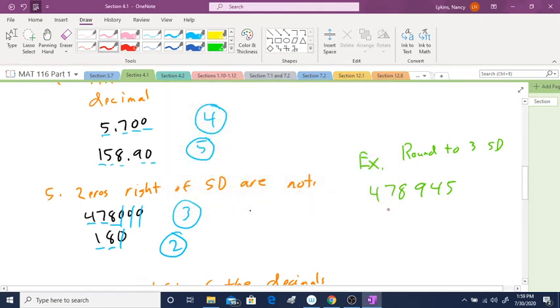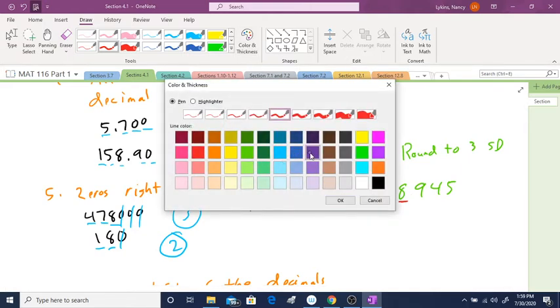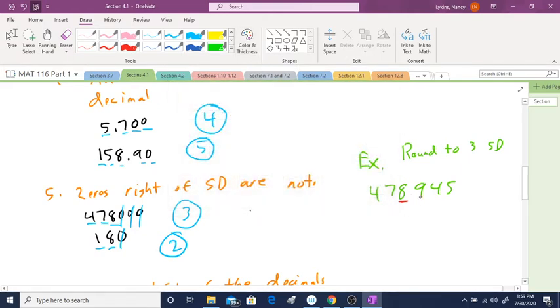You read from left to right: 4, 7, 8. So 8 is my key right here. What does the 8 do? We've been told in school to either round up or round down. That's not the case. You either round up or it stays the same. So either the 8 stays the same or it rounds to a 9. Since the digit after it is 5 or greater, you round that up.